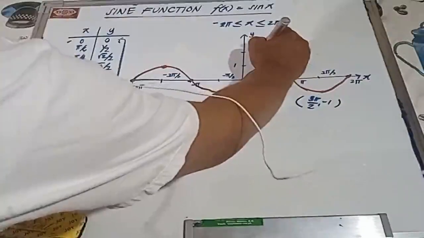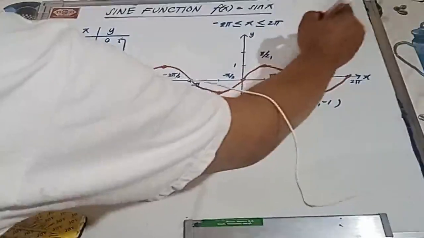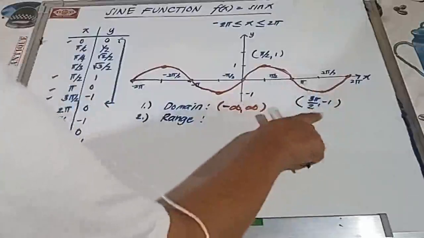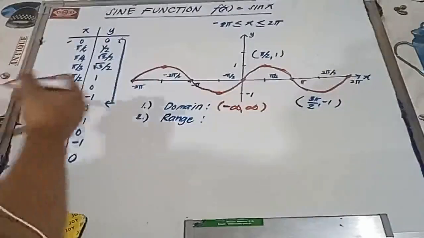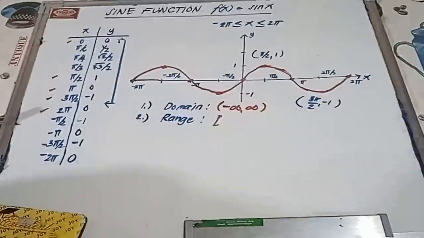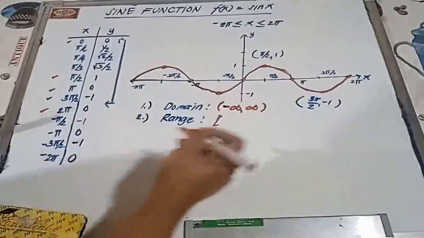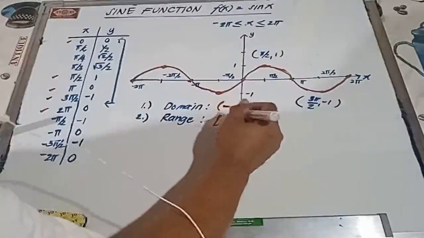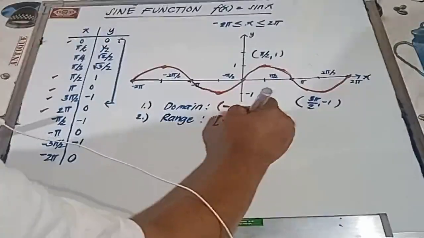Itong point na to is pi over 2, 1. So, ang range is from negative 1 to 1 only. Inclusive of those two values. We have negative 1, comma 1.